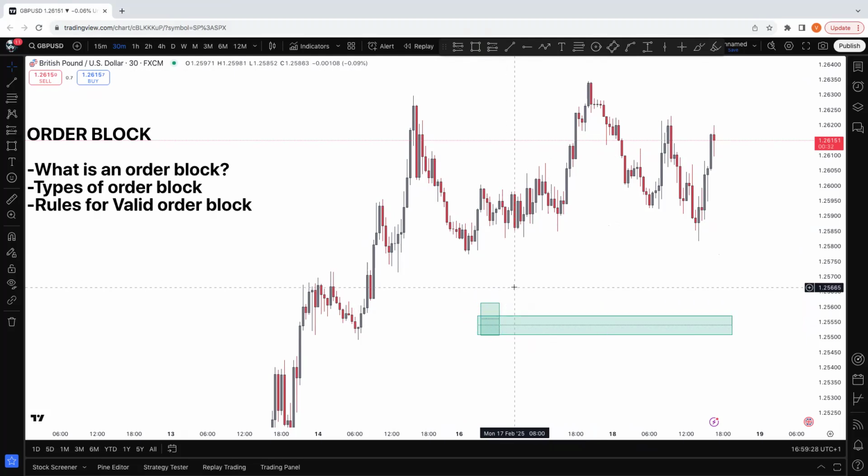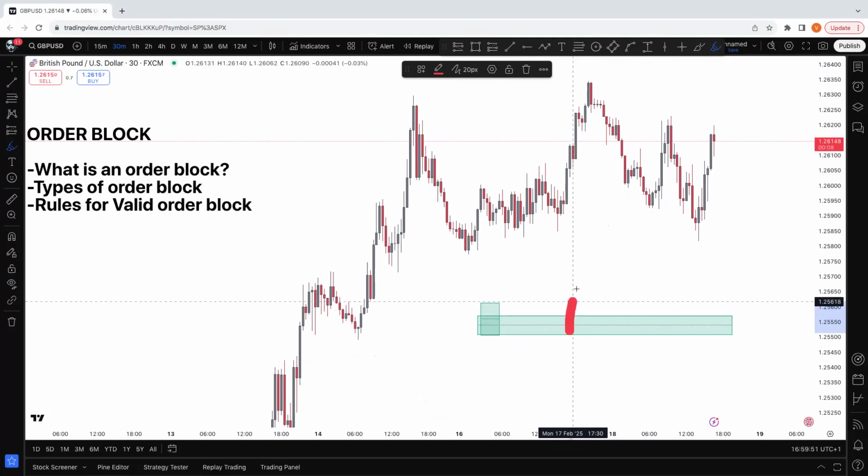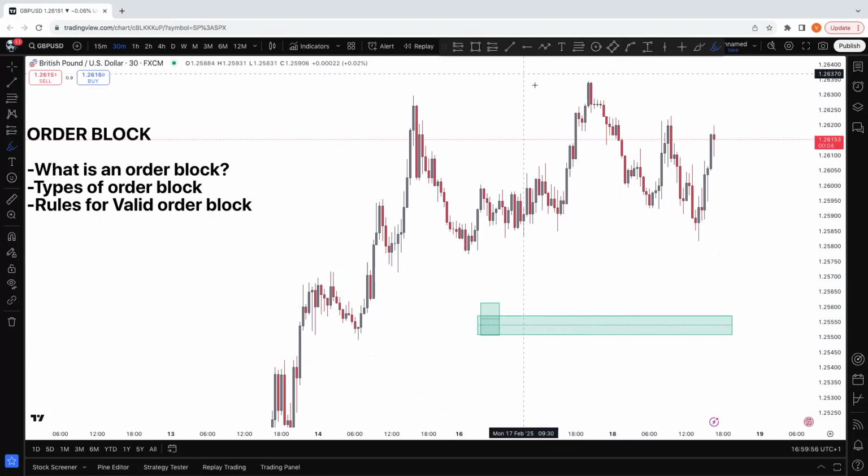Now, as smart money traders, we see order blocks as an area of manipulation by the smart money traders. What do I mean? We see an order block as a zone where the smart money, the big institutions, come into the market with a high volume of liquidity, thereby resulting in an impulsive move in price, either to the upside or to the downside.